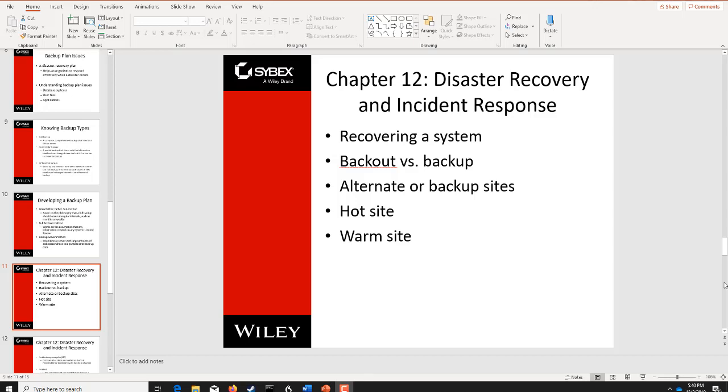So we also have the concepts of alternate or backup sites, and the differences between a hot site, a warm site, and what they don't have on the slide, a cold site. A hot site, well, actually, let's start with a warm site.